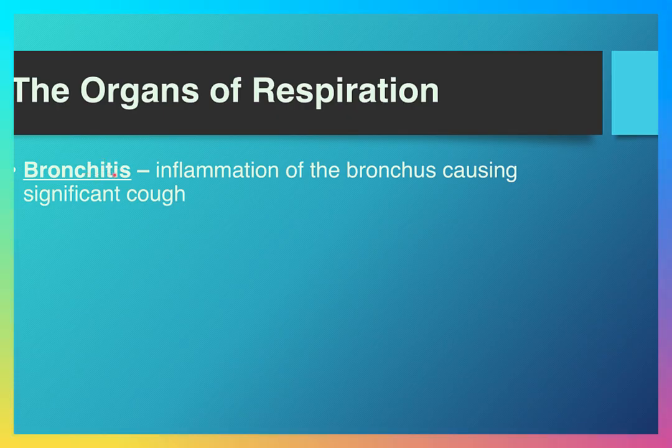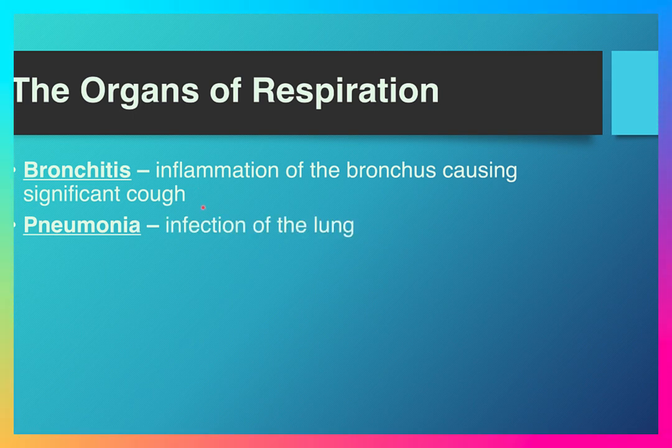Bronchitis, again, itis is inflammation, so it is inflammation of the bronchus, and it is usually associated with a significant cough as the principal symptom, along with some mucus production. Pneumonia is an infection of the lung itself, not the same as bronchitis.